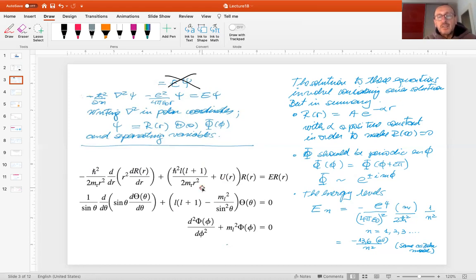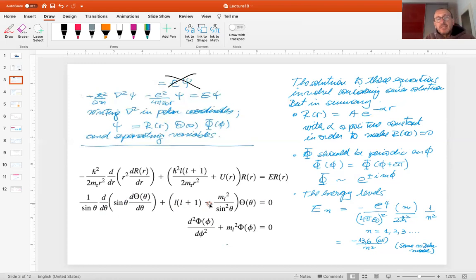There's a lot on each of these solutions, but actually the fact that this thing is L times L plus 1 has something to do with the symmetry of this equation, and you have to really find a solution that is convergent. You can present the solution to this theta equation as a series.